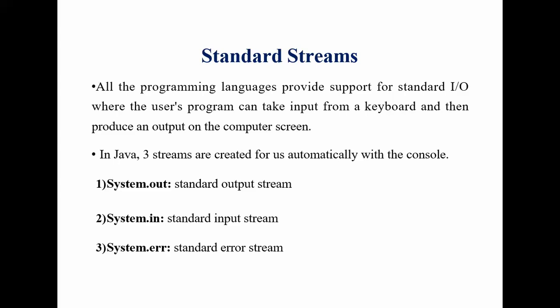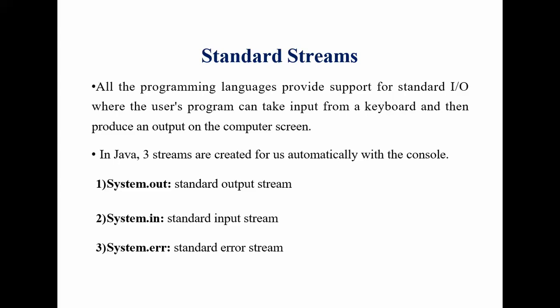So we also have standard stream mechanisms. Whenever we write something to the output screen in Java programming, we use a statement called System.out.println. So here System.out is used for the standard output stream. For taking input, as in our Scanner class, we use System.in.